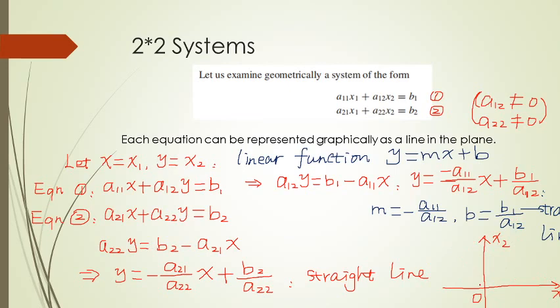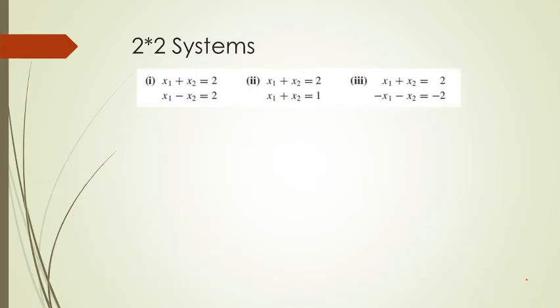Everyone is clear? So if we establish the coordinates in this way, then equation 1 and equation 2 each represent a straight line in this coordinate system. So that is a 2 by 2 system. And let's look at a specific example to understand two straight lines.